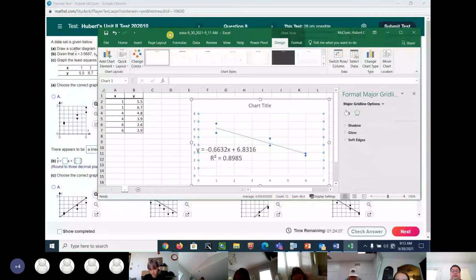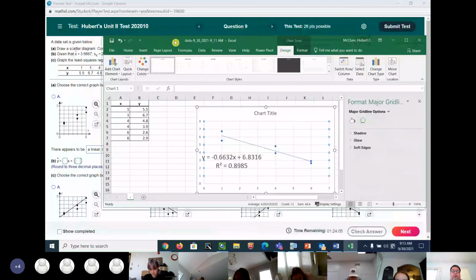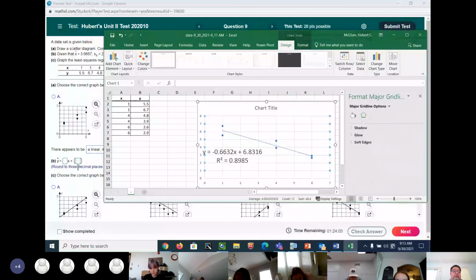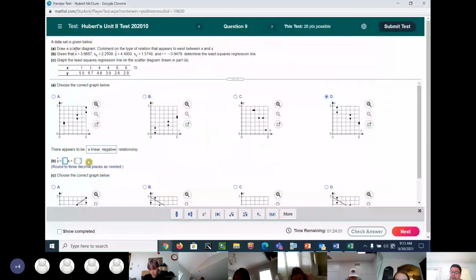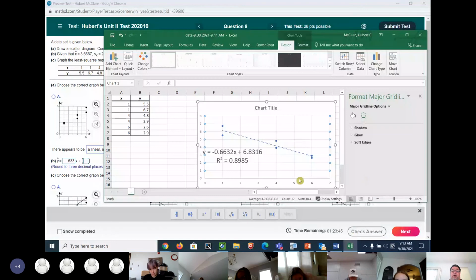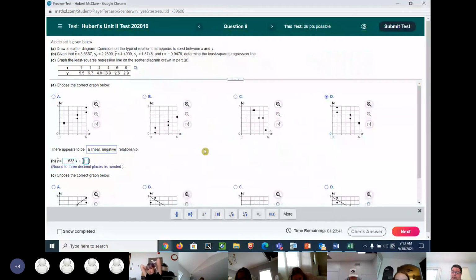So negative 0.633, and it didn't do the negative. And I don't forget the other one. Hold on. 6.832.